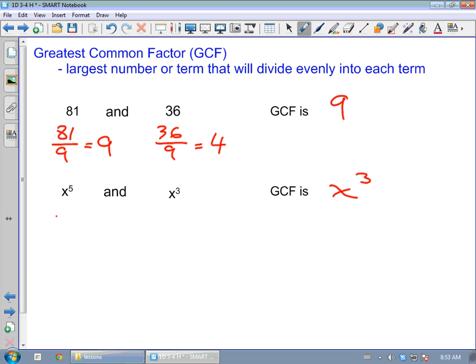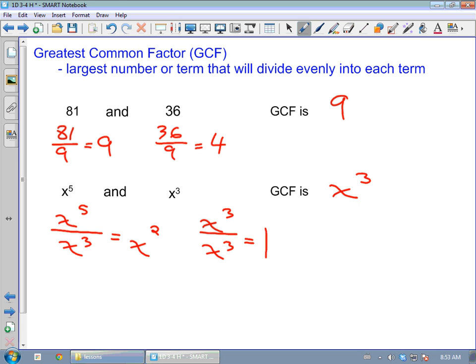Because if I do x to the power of 5 divided by x to the power of 3, I apply my exponent rules, 5 minus 3, I get x squared. And if I do x to the power of 3 divided by x to the power of 3, I just get 1, because I've got the same thing in the numerator and the denominator.